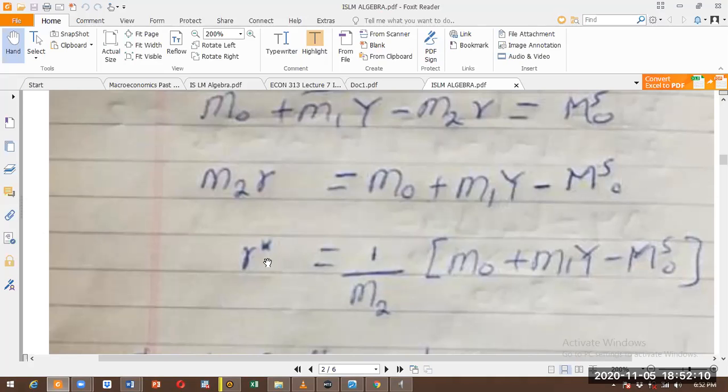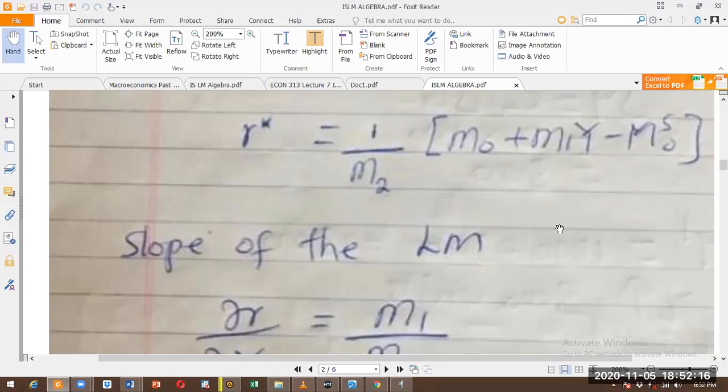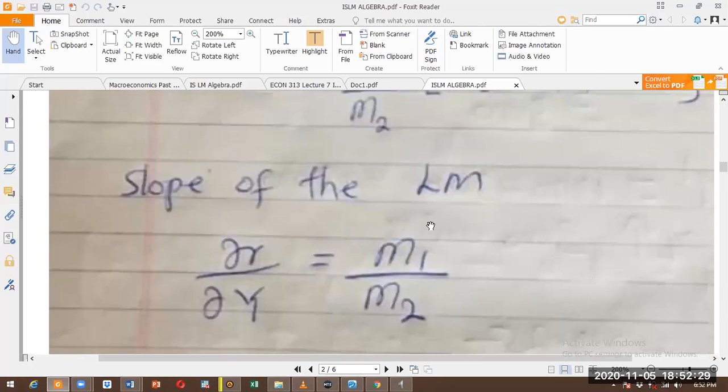If you want to find the slope, you differentiate R with respect to Y. If you differentiate this with respect to Y, we are getting M1 over M2. So that's what we have here.